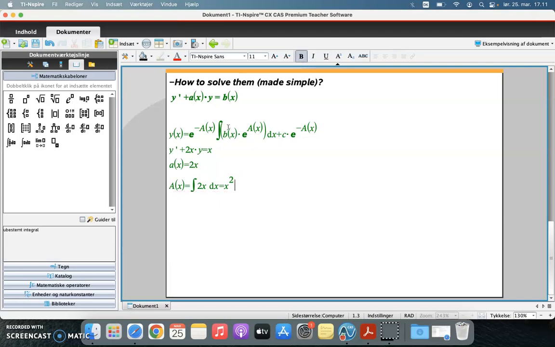Then we also need to know what is b(x), and b(x) is equal to x.